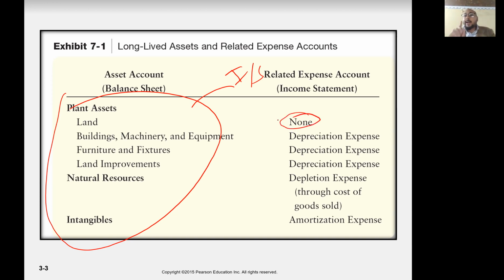Why? Because the land value always appreciates, it does not depreciate. All the other plant assets decrease in value with time, and we transfer those values to the income statement, and we call this depreciation.